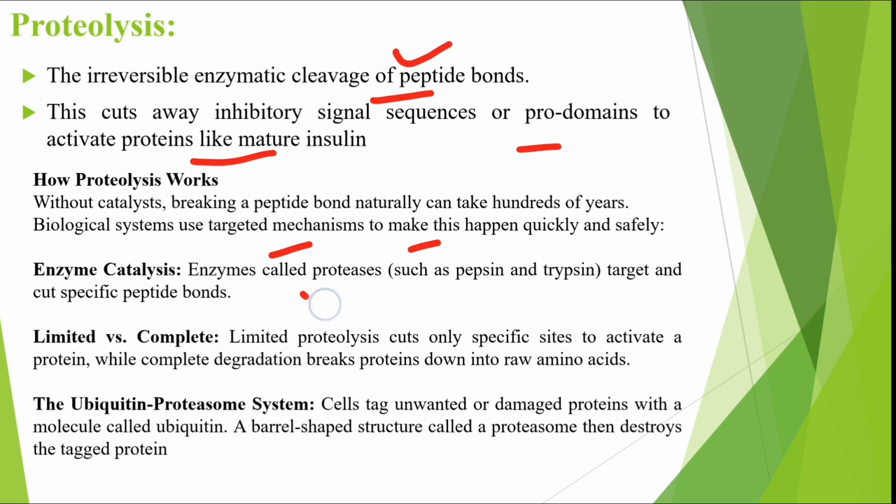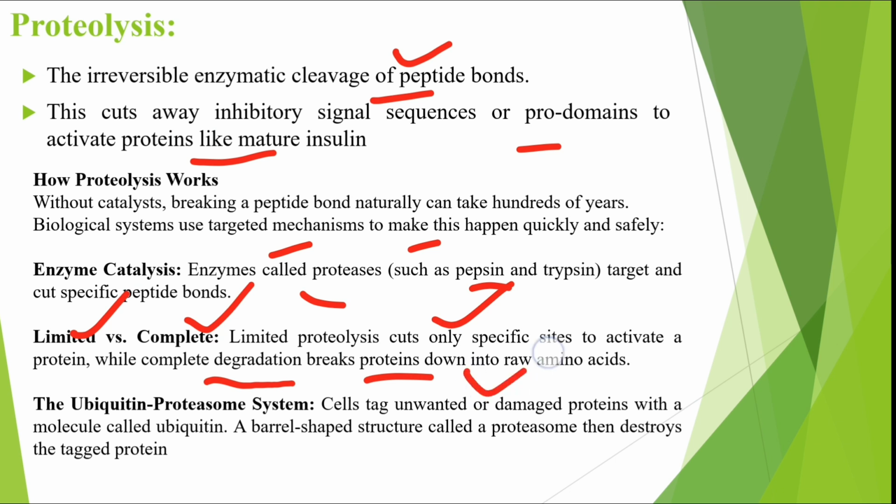Enzymes called proteases, such as pepsin and trypsin, target specific proteins and cut specific peptide bonds. It can be limited or complete proteolysis. Limited proteolysis cuts a specific site to activate the protein, while complete degradation breaks the protein down into raw amino acids. Then the ubiquitin proteasome system.